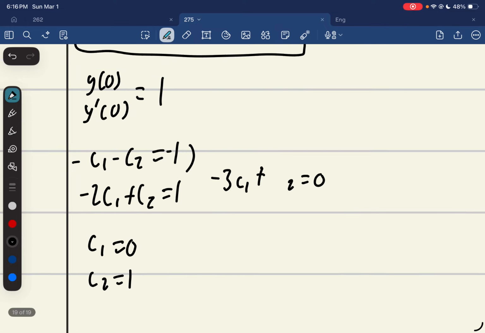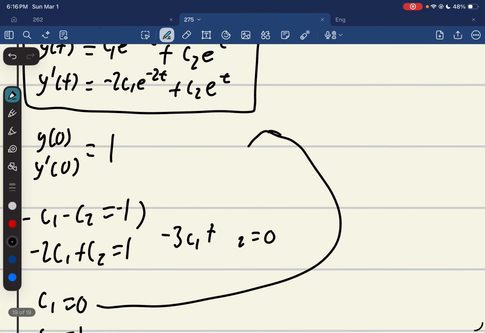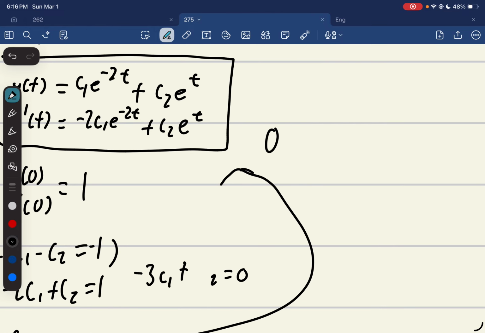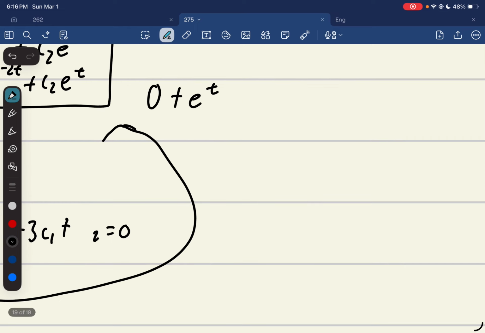Alright, and then we can plug this back into our equation up here. We plug in c1 equals 0, so it's going to be 0 times anything plus c2, which is 1, times e to the t.